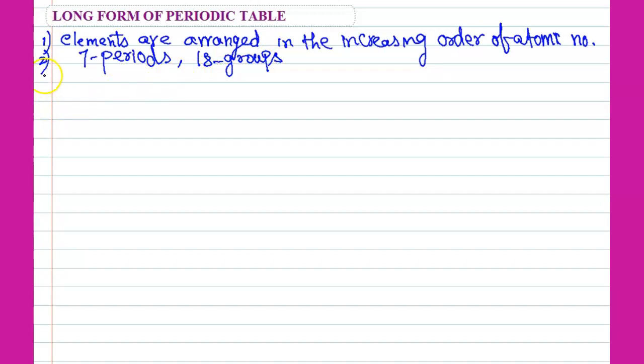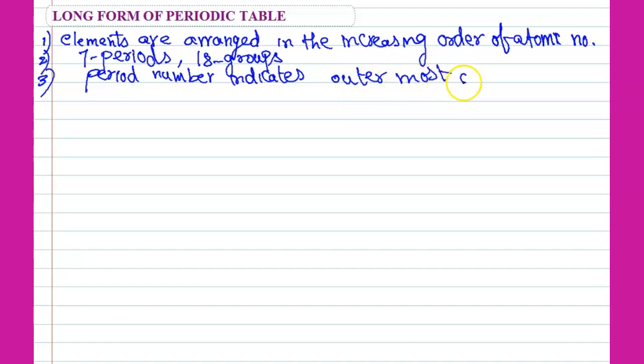In this periodic table, the period number indicates the outermost orbit number, that means the valency orbital.